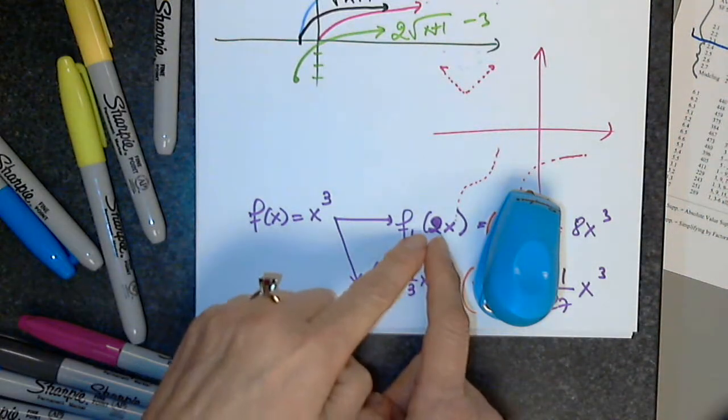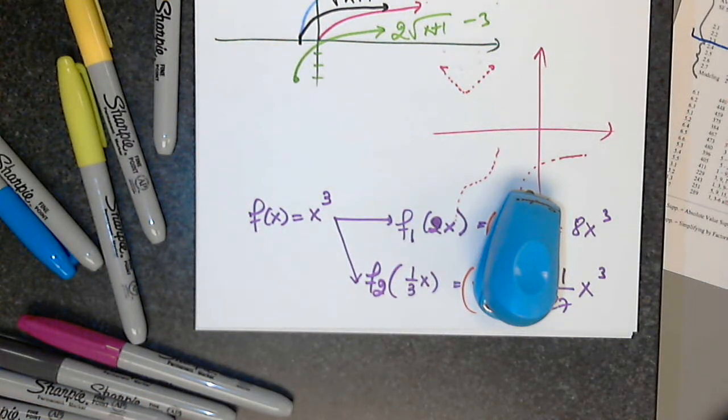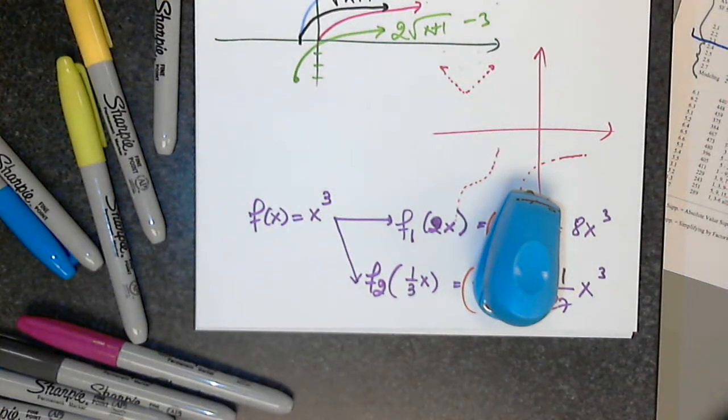So when we change x into twice x, it's a horizontal shrinking of the graph. Always think in these terms. When we change x into 1/3 x, it's a horizontal stretching of the graph. This is the only one that you probably would not expect, right?